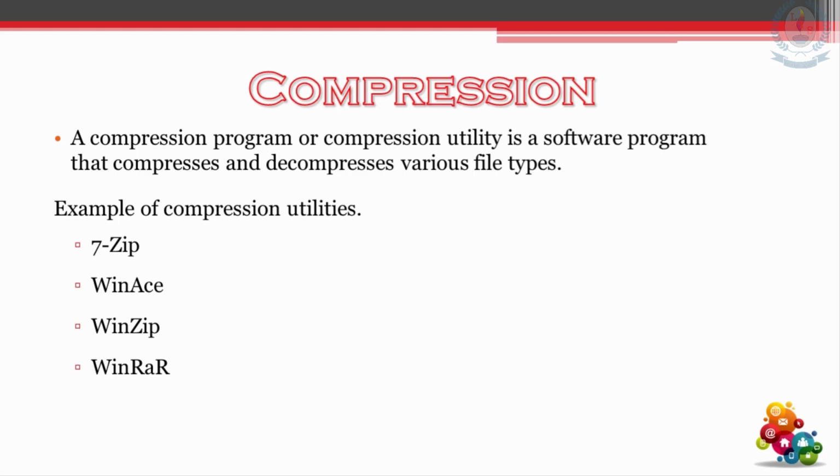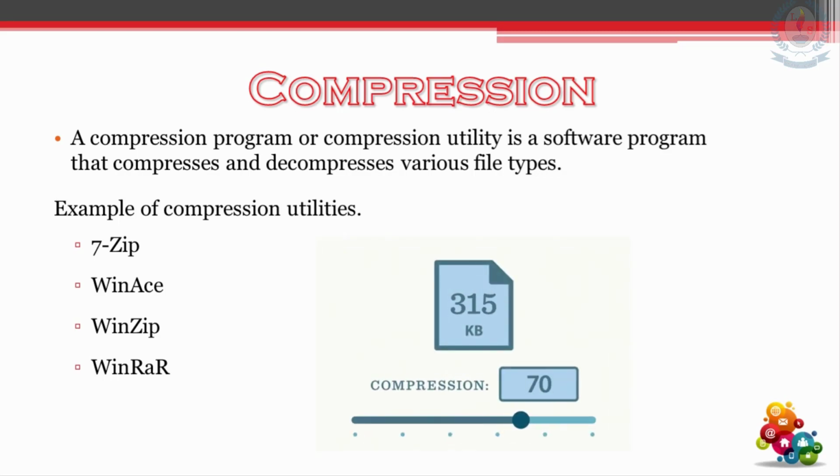Most often such a software program is used to compress files of various formats that are no longer being actively used and reduce their size so that they take up about 40% less space on the hard disk. Here you can see some examples of compression utilities: WinZip, WinAce and WinRAR. These are the examples of compression utilities.